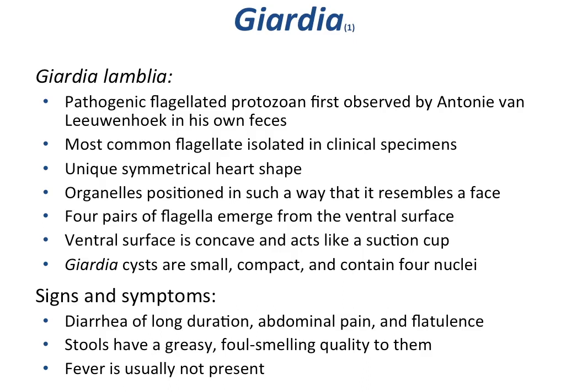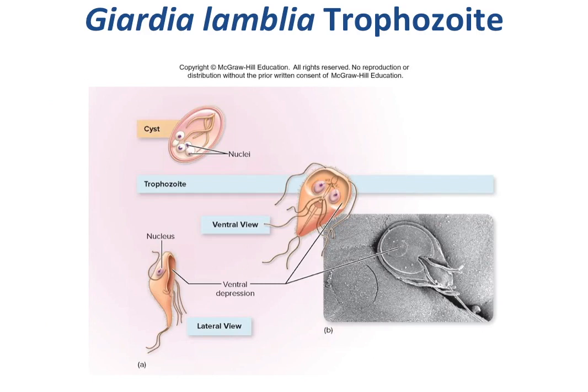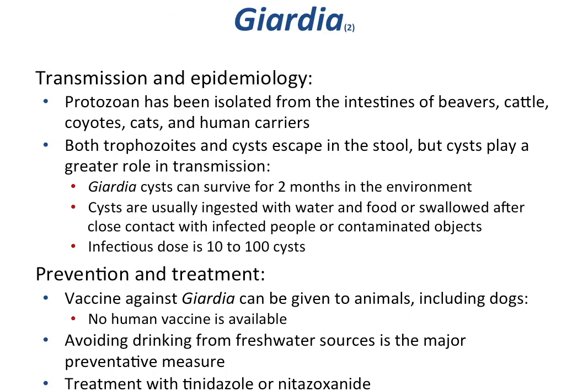Okay, so stool has greasy, foul-smelling quality. The patient may not have fever because Giardia doesn't generate a toxin. Okay, so the transmission actually is through the fecal oral route.